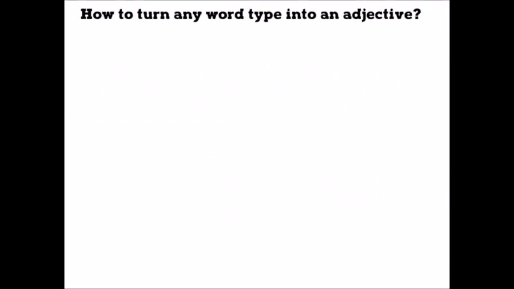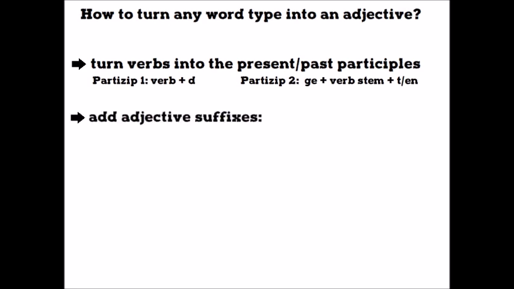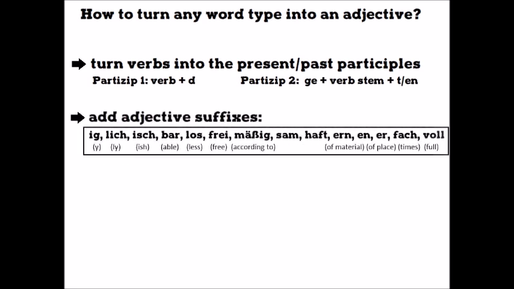Okay, let's look at what we've learned. If you want to turn any other word type into an adjective, you can turn verbs into present or past participles, or you can add adjective suffixes to them. Ig, lich, isch. Bar, los, frei, mäßig. Sam, haft, ern, en, er, fach, voll.